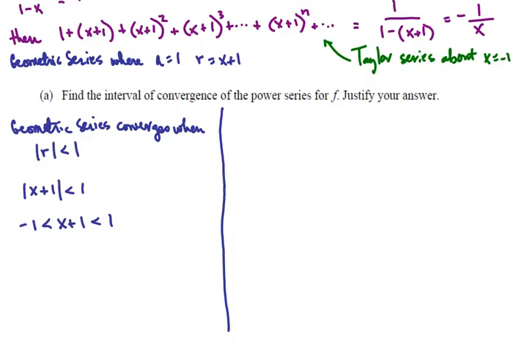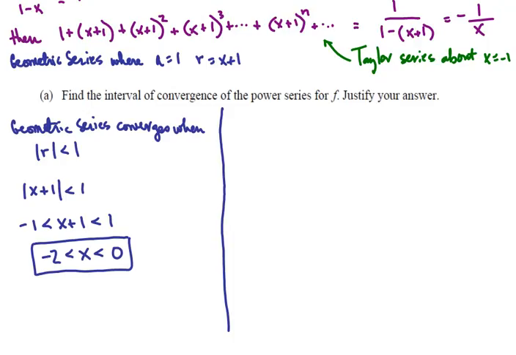And so when we have an absolute value inequality where it's a less than, we set up negative 1 is less than x plus 1 is less than 1. We're going to subtract 1 from both sides. And that gives me my interval of convergence. Whenever x is between negative 2 and 0, not inclusive, then the absolute value of r in the geometric series will be less than 1, and the geometric series will converge.